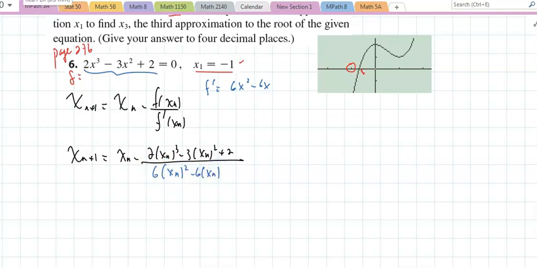So, when you say let the first choice be negative 1, so x sub 2 is negative 1 minus twice negative 1 cubed minus 3 times negative 1 squared plus 2, divided by 6 times negative 1 squared minus 6 times negative 1.